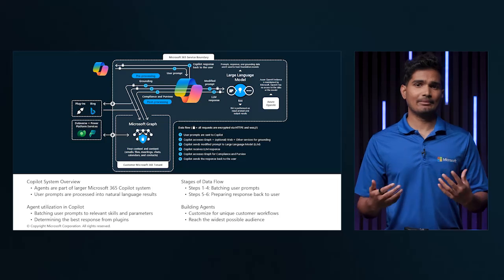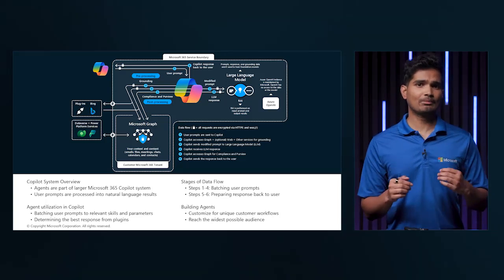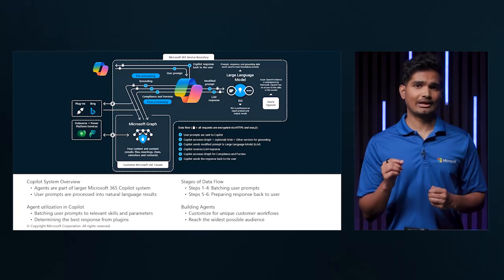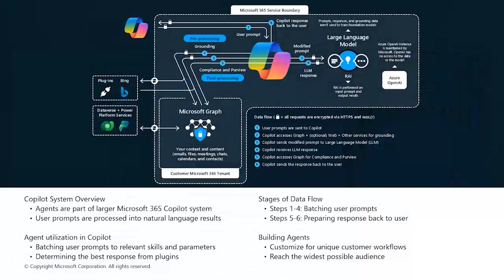The following diagram illustrates how a user prompt is interpreted, rationalized, and processed into natural language results through different native components and agents of the Copilot system. The Copilot system uses data from a plugin in two steps.